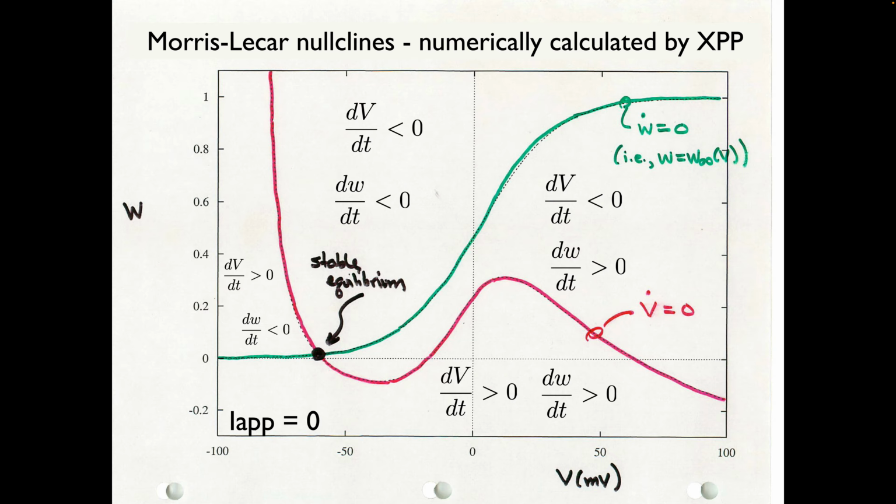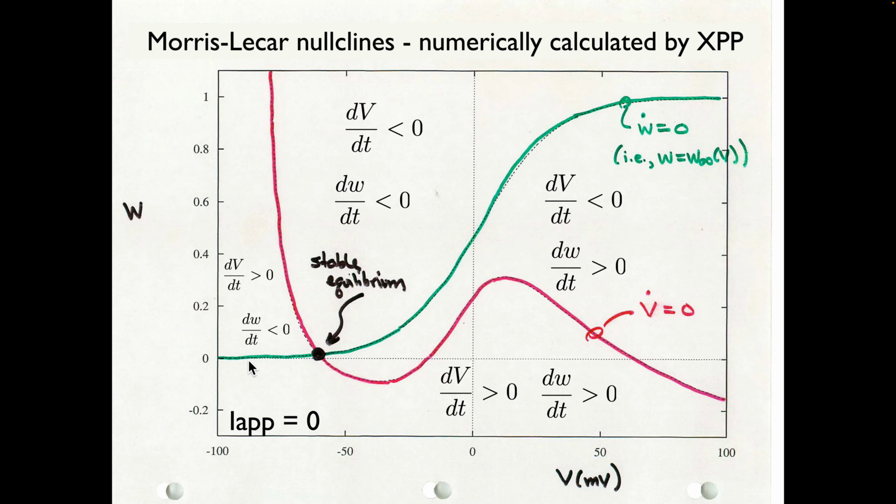And the most important thing to notice is that when you cross the W nullcline, you move from a region where the rate of change of W changes sign. So it sort of makes sense, right? If this is the location of points where the rate of change of W is 0, then on one side you have negative values, and on the other side you have positive values.